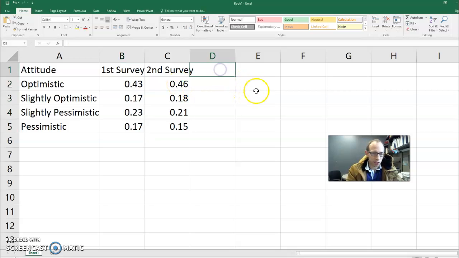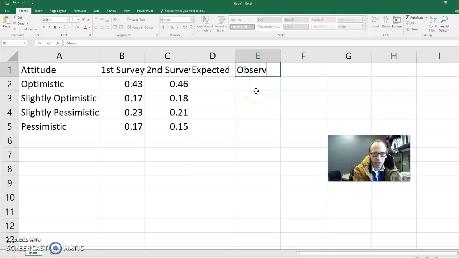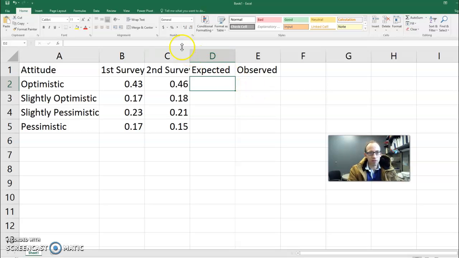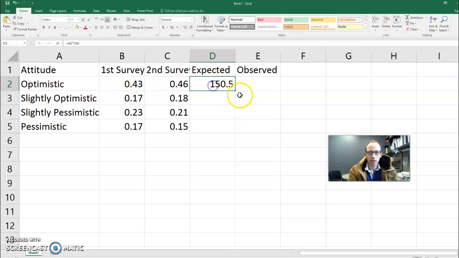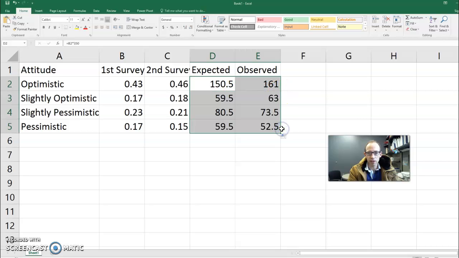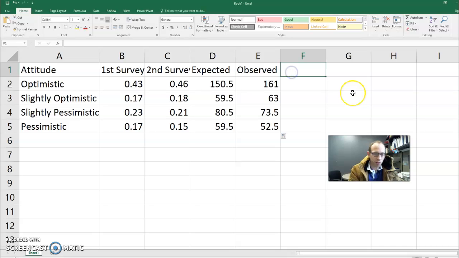So let's do expected and observed. Now remember, I have 350, so here I'm just going to take each of these proportions times 350. Of course, that would be different if your sample size was different. You can drag that formula over and down, and notice that we do have some decimals there, which would give us an error in the calculator.